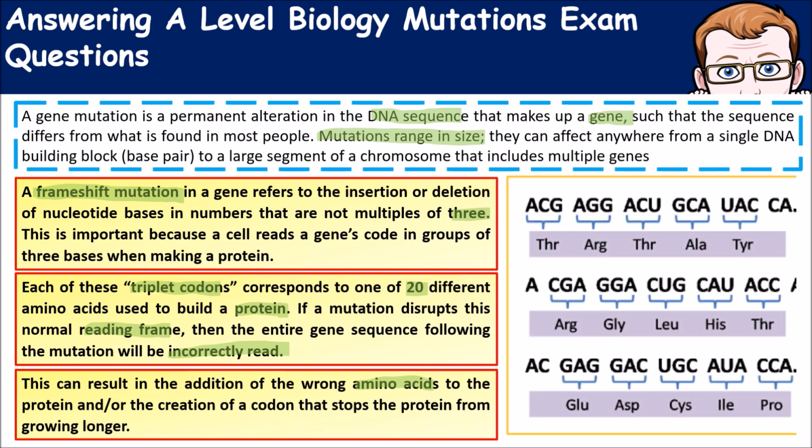We can see here that we can start off with one particular codon, but if there's a mutation, it alters all of the codons after it, meaning that because we've got that frame shift, all the codons after it code for the incorrect amino acids.